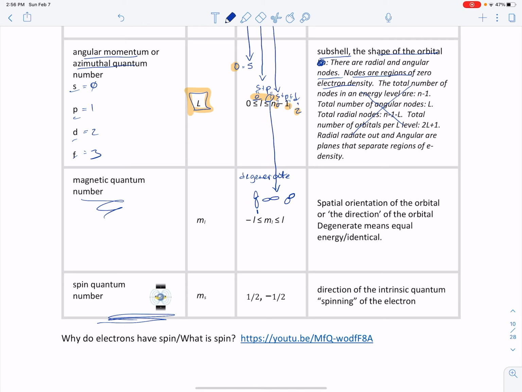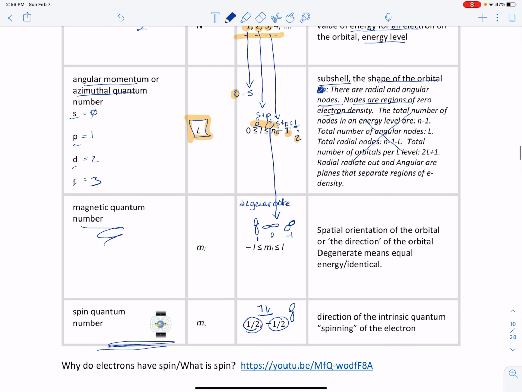So we might label that as 1, that as 0, and that as -1. And then lastly, within one of those orbitals, they could both be in the same section, but which electron are you talking about? Are you the up electron or the down electron? We use a numerical value of 1/2 or -1/2.